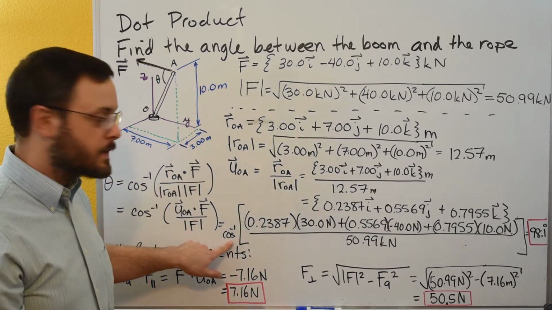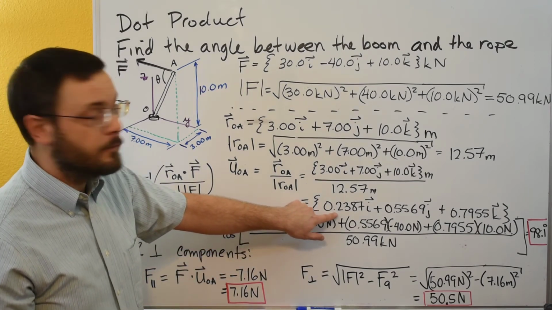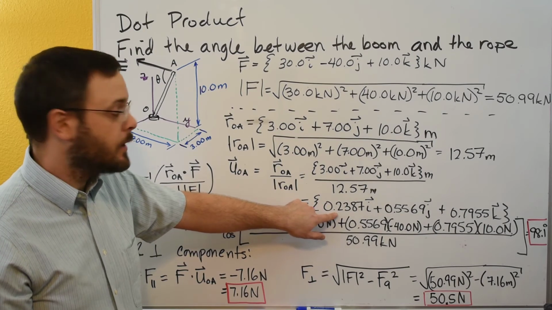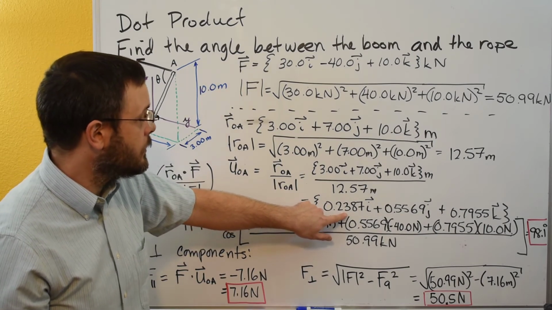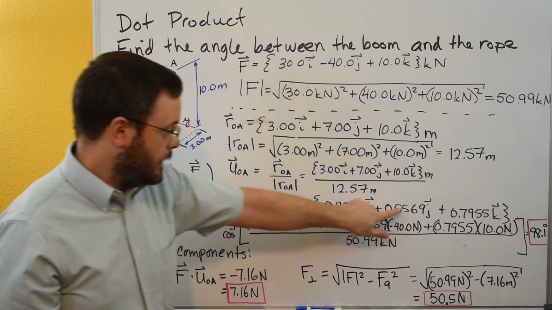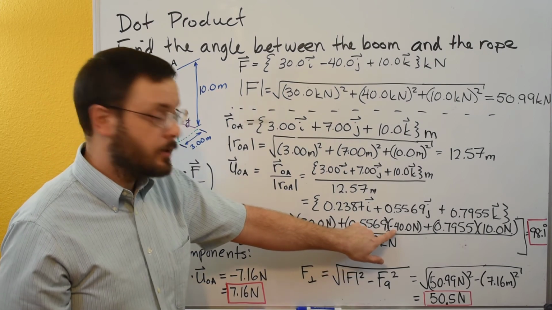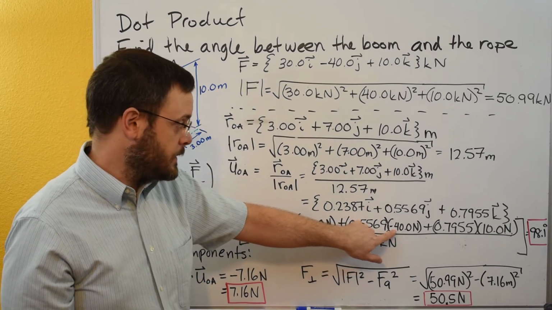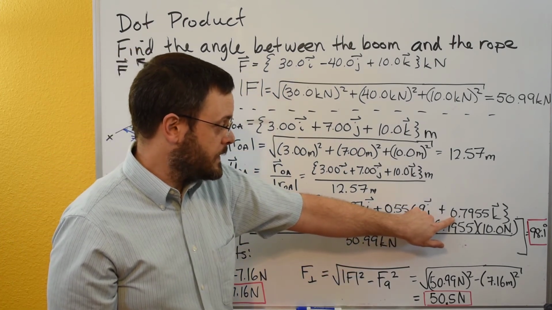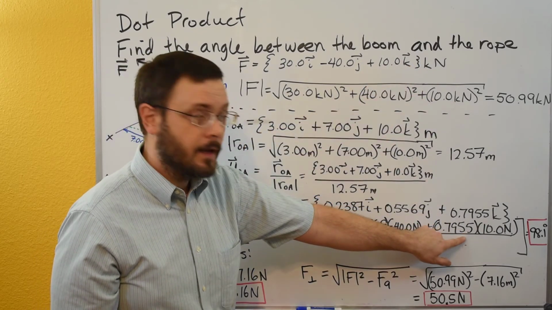So here's our inverse cosine, and then to do our dot product, we're going to take each of the components and multiply them together. So the x component here is multiplied by the x component here, the y component here is multiplied by the y component here. Make sure that you include any positive or negative signs. The z component here is multiplied by the z component here.